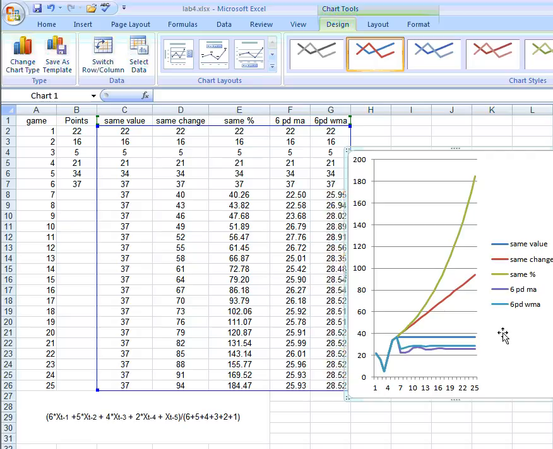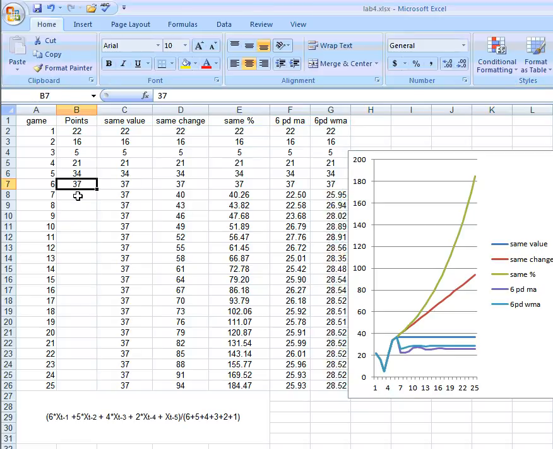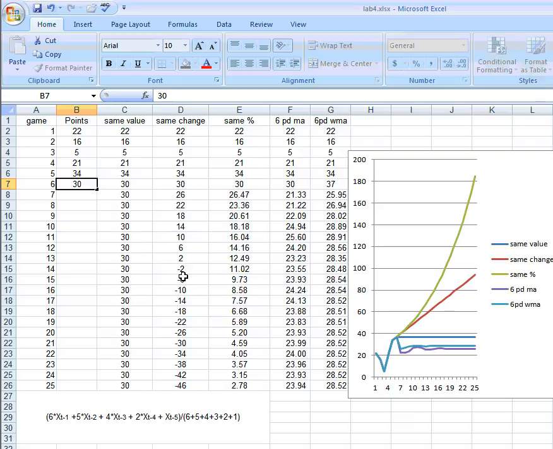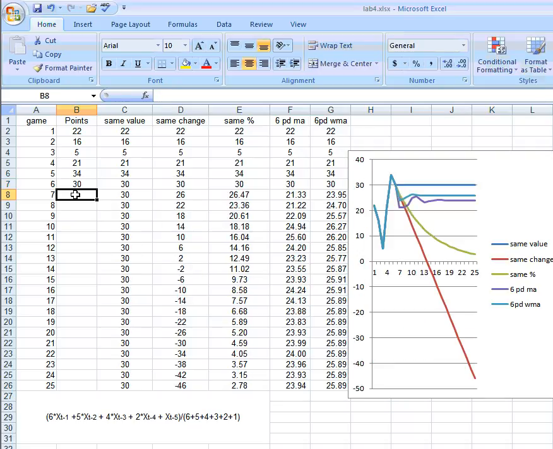There is one exception though, and that is the same percent change can take a different pattern. To do that, I'm going to change this 37 here to a 30. And I've set it up so that all these 37s will change once I hit return. Notice that they are all 30s across. What happened? Well, the same change now is monotonic divergence down.